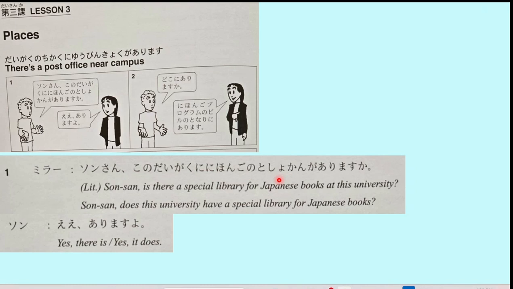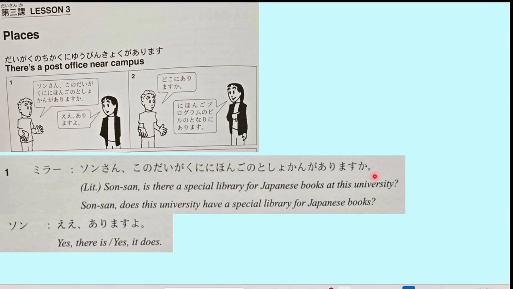So kono daigaku ni nihongo no toshokan means a Japanese books library at this university. Ga arimasu ka is there. That means Son-san, is there a library for Japanese books at this university? And the actual meaning is Son-san, does this university have a special library for Japanese books? This is what is meant by this question.